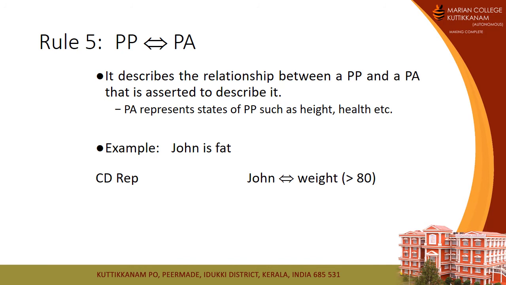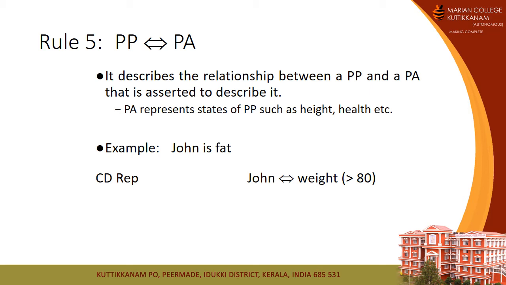The fifth type of rule describes the relationship between a picture producer and a picture aider that is asserted to describe it. PA represents the state of the PP, such as height, health, etc. Another example is here, John is fat.